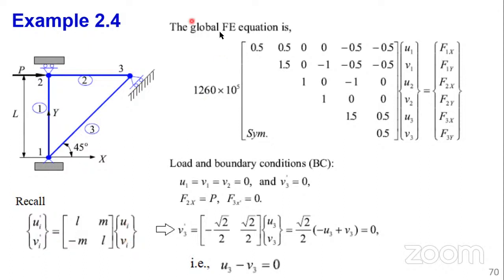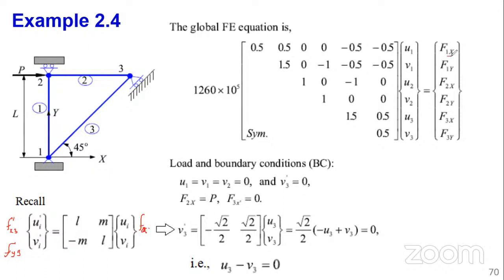So in short, this would be F prime in the X direction, node 3. This will be F prime in the Y direction, node 3. This will be F, now in the global coordinate system, in the X direction, node 3.